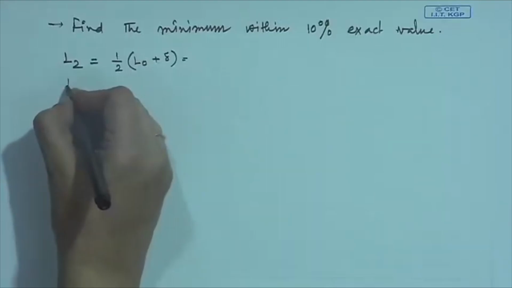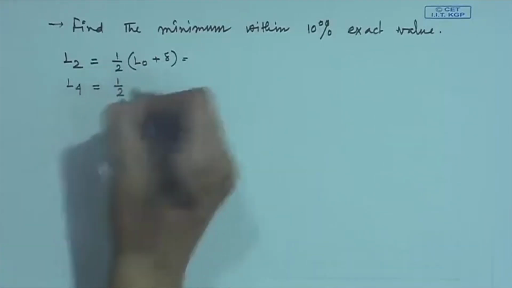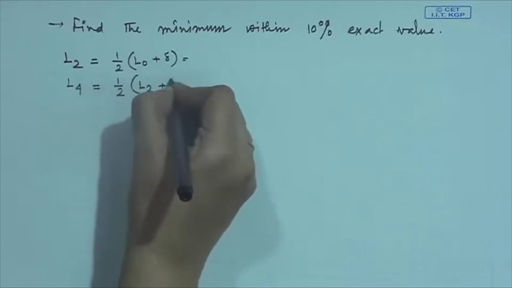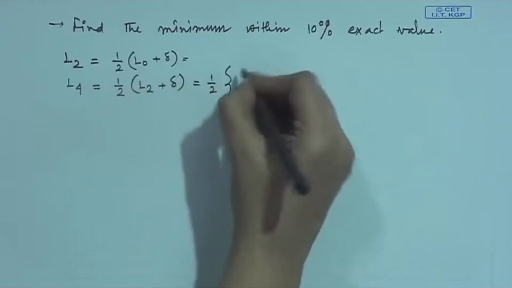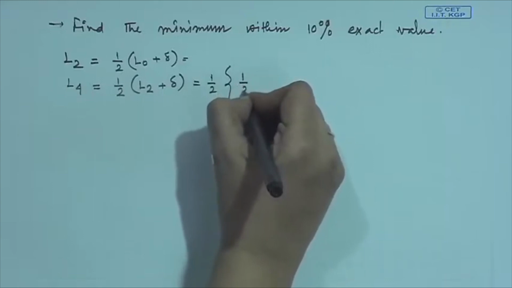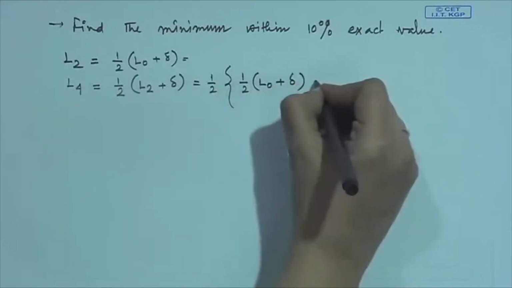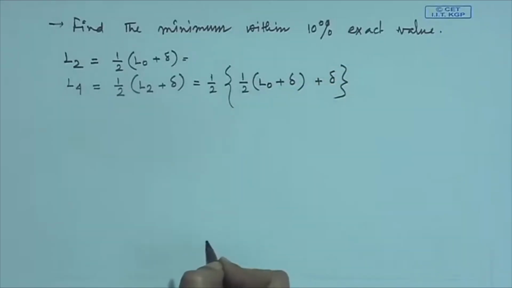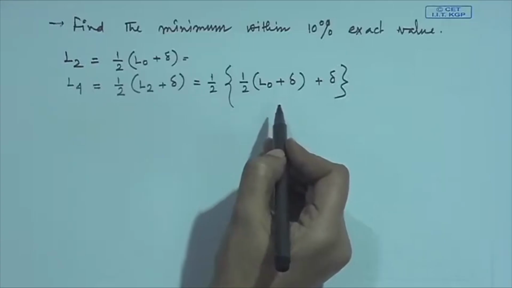What is my L4? Half L2 plus delta. That means it was half, alright. I am just substituting the value of L2 here, which I got from the previous one.